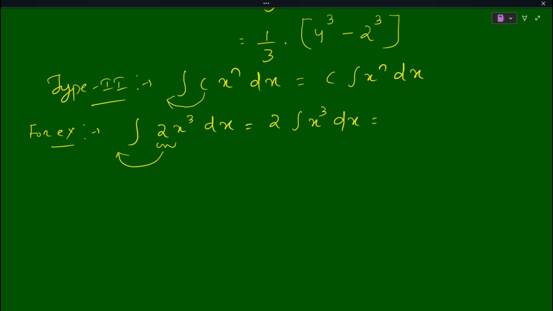We will use the formula: integration of x to the power n is x to the power n plus 1 by n plus 1. The n value is 3 here, so this expression would be x to the power 3 plus 1 by 3 plus 1. Then, as it is an indefinite integral, we have to add a constant c.